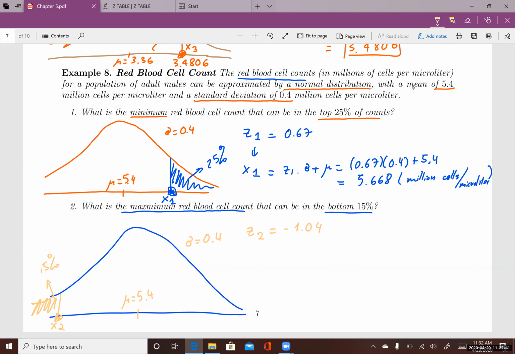All right, then I can find the x value, which is z2 times sigma plus mu, negative 1.04 times 0.4 plus 5.4, which is 4.984, again, million cells per microliter.